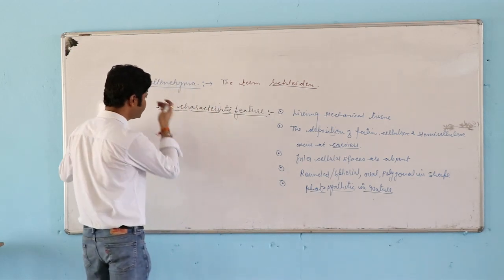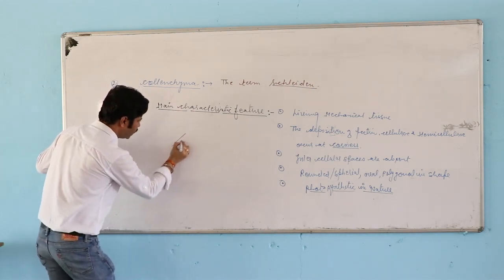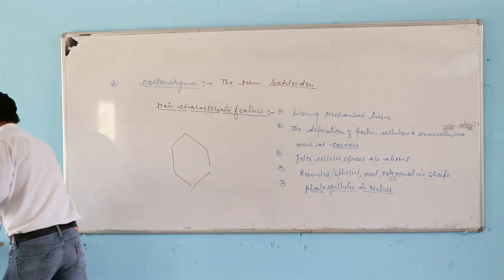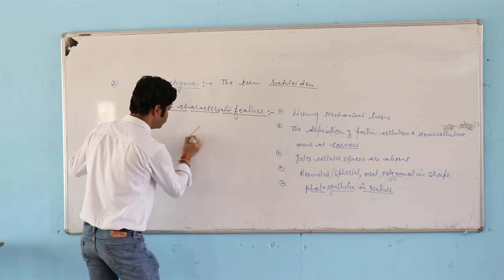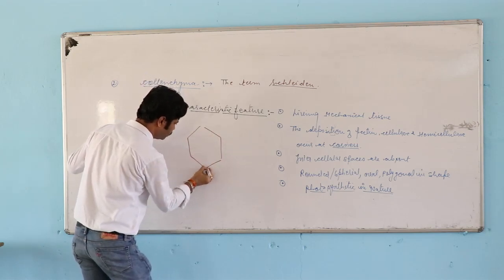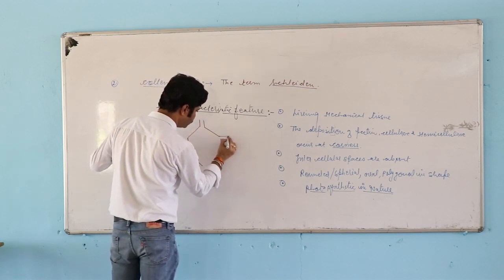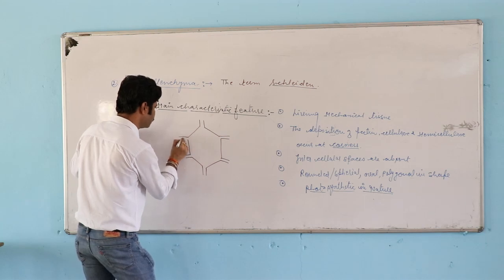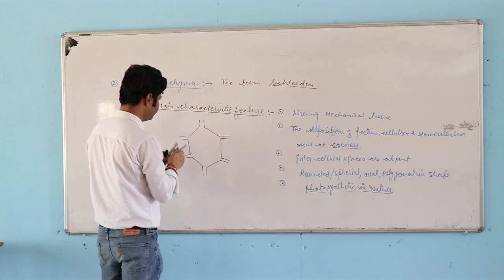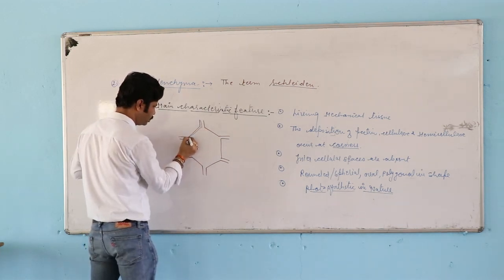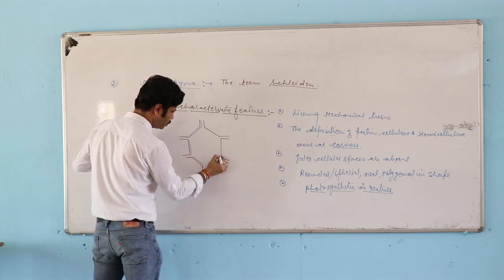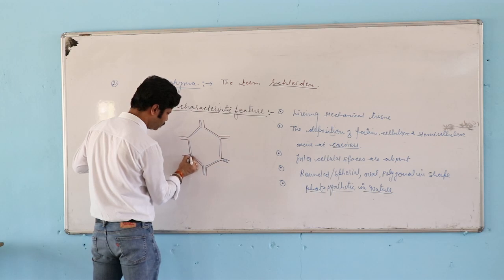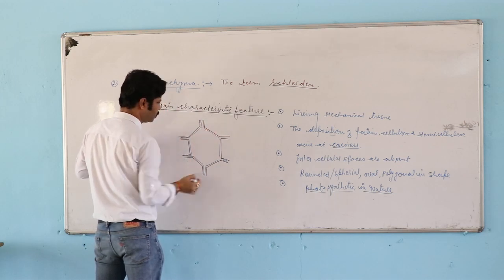Now I am drawing the structure of collenchymatous cell. Basically, collenchymatous cells look like this.